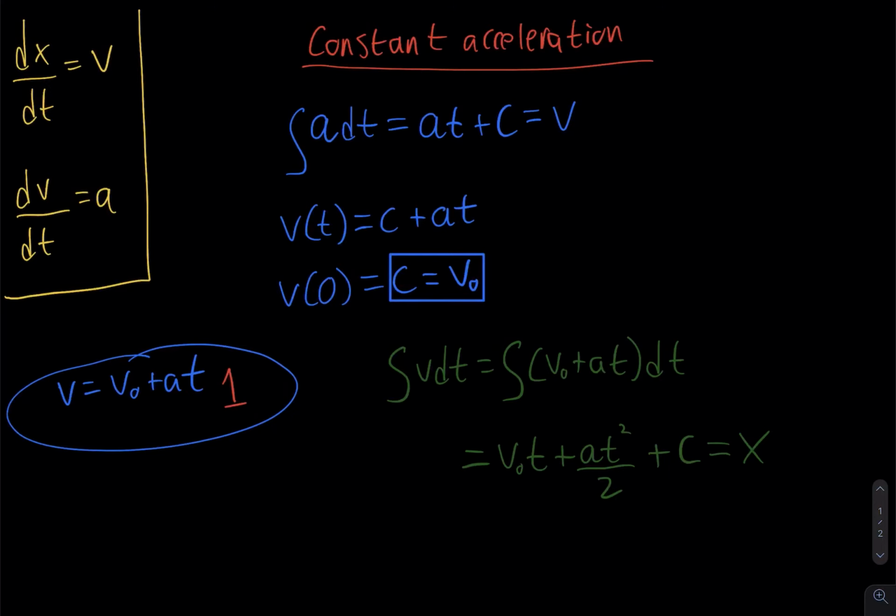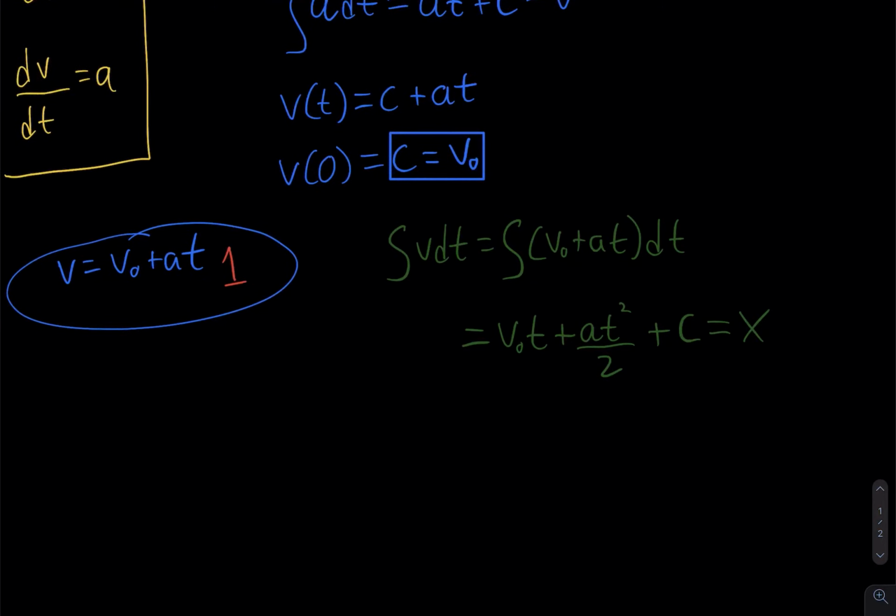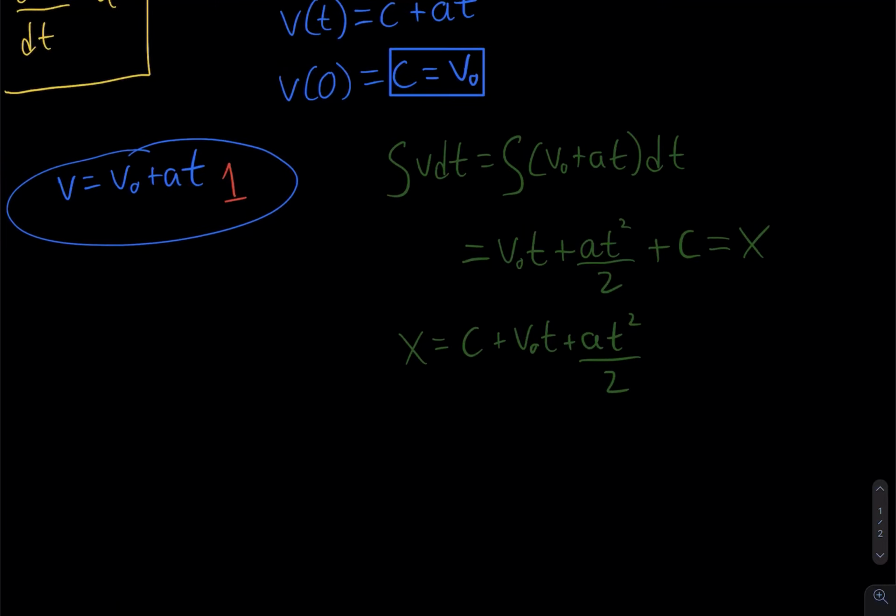Now, just like we did above, I'm going to rewrite this a little bit. So this is going to be x equals, and I'm going to put the c out in front, plus v naught t plus at squared over 2. And again, I want to figure out what this c is. Well, I could write this x just like I wrote the v earlier. This x depends on time.